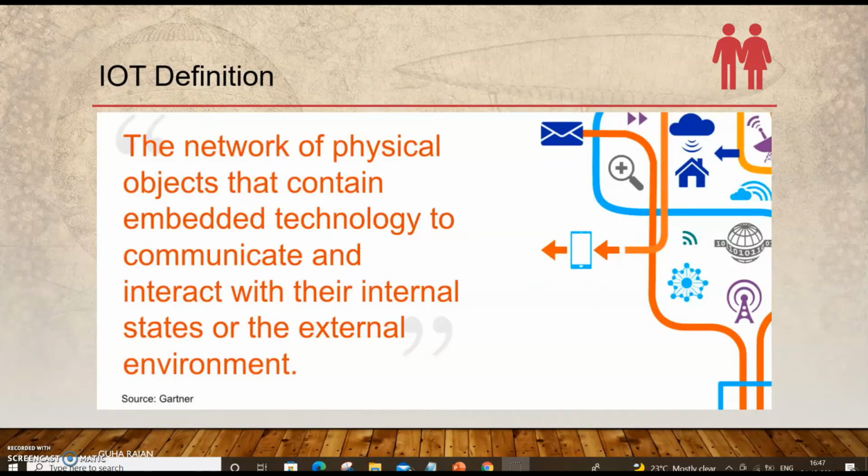From Gartner, if you look at the definition, it's the network of physical objects that contain embedded technology to communicate and interact with internal states or the external environment. Embedded technology, the word embedded meaning you have hardware and you have software also built into it.